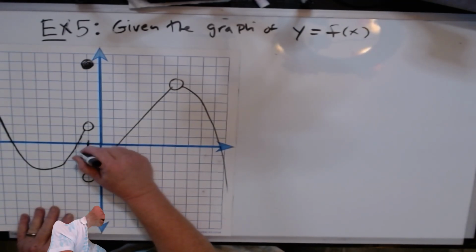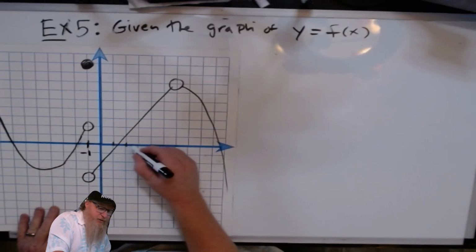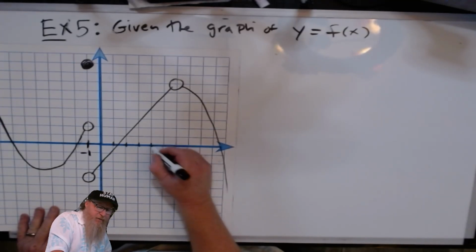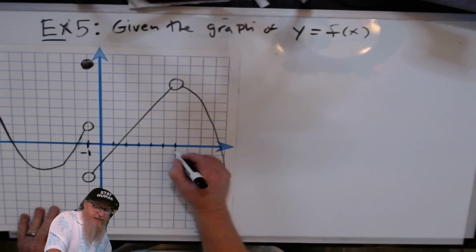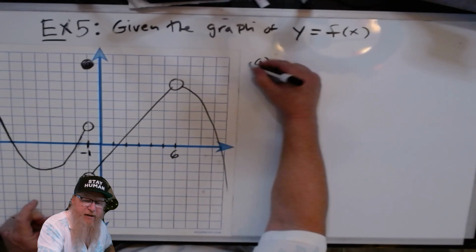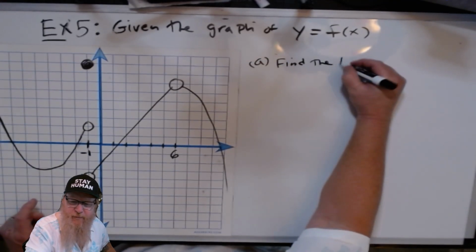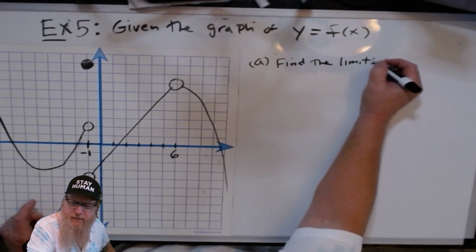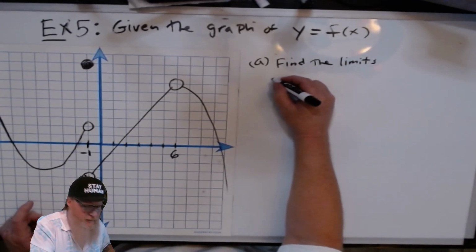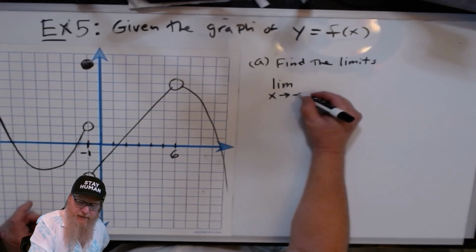We have -1. The critical values are the x values that we're interested in. They're critical. 1, 2, 3, 4, 5. This looks like 6. So we have two critical values. So let's evaluate the limits. Let's find the limits, calculate the limits. They're different, all equivalent ways of saying the same thing.